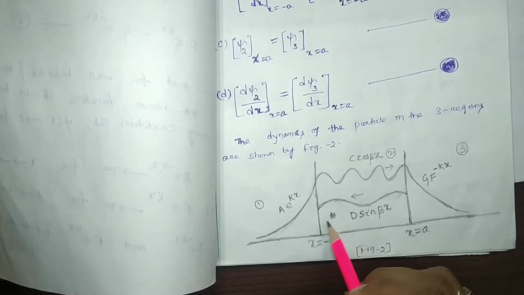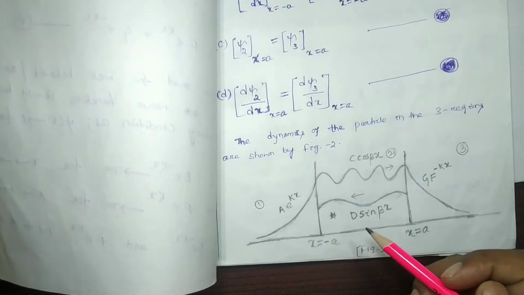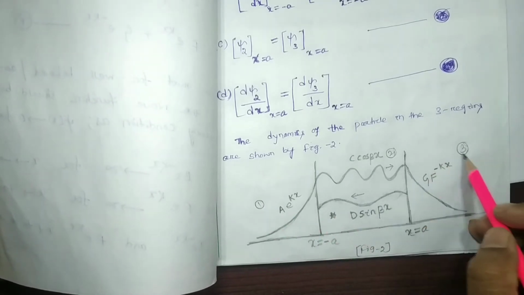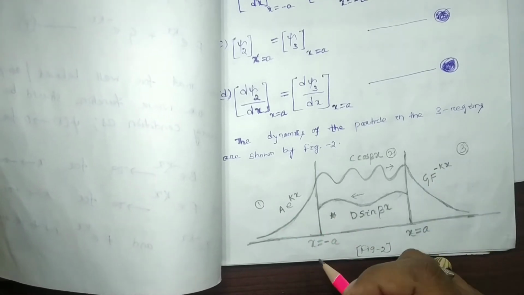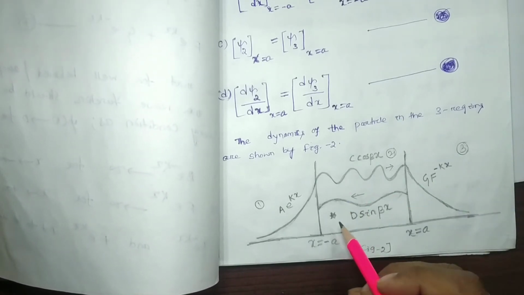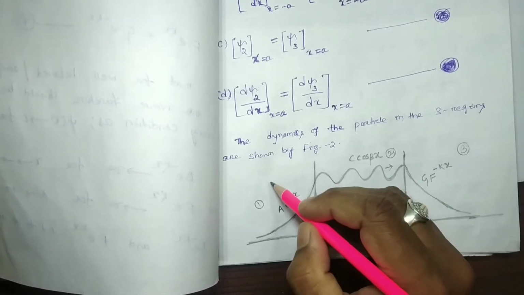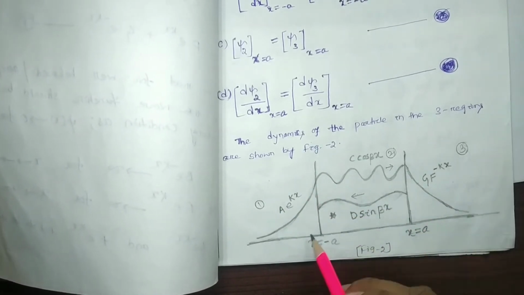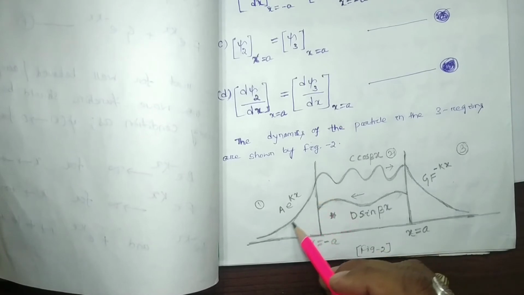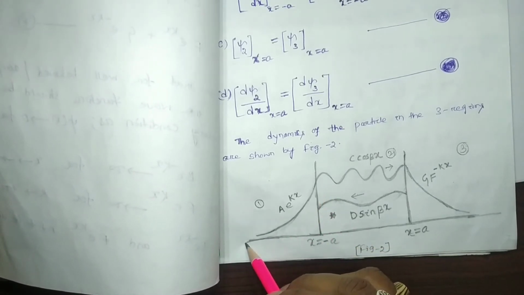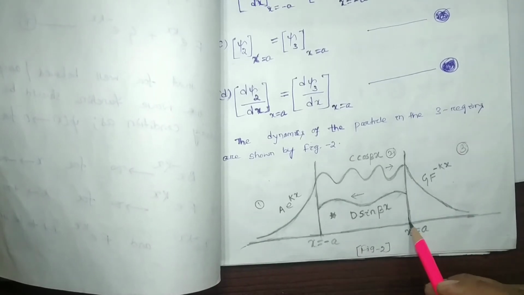The presence of the particle in regions 1 and 3 is not acceptable from the classical point of view. But according to quantum mechanics, we can also find the wave function of this particle in these regions, but it decreases. The wave function, or the probability density, decreases with increase of distance from this point and from this point also.